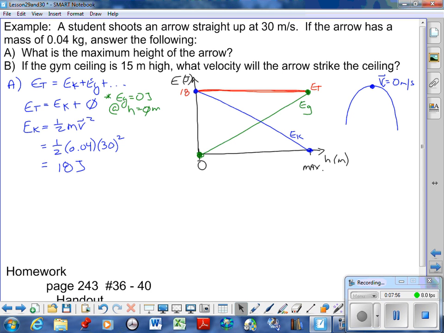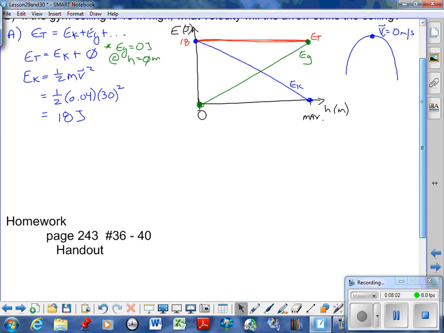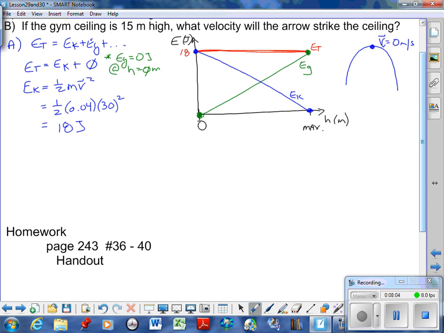So therefore, to finish this A part, this original part of the question here, we find out that E total equals mgh. So the total is 18. My mass is 0.04. Gravity, 9.81.